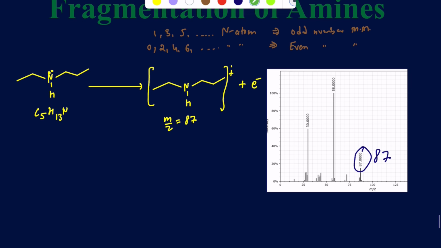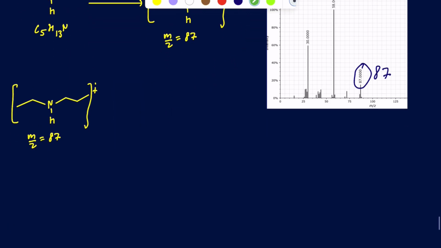Now, when you undergo fragmentation in the case of an amine, you typically undergo it at the alpha position, because you can make a more stable carbocation in that case. So suppose I break it right here. I'll get a carbocation on the left side, and I have a lone pair, don't forget that.